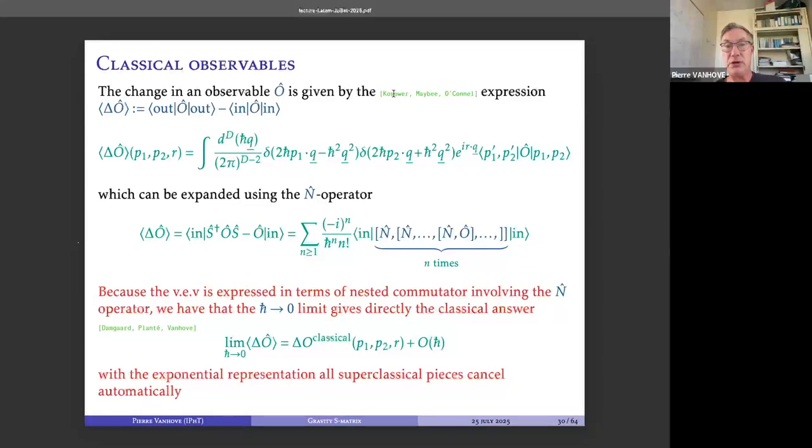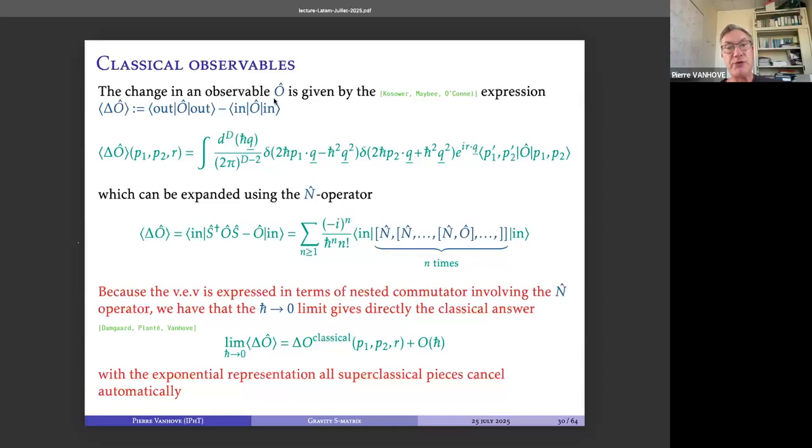Kosower, Maybee, and O'Connell told you that if you have O, like the momentum kick, the variation P1 prime minus P1 of one black hole, or the change of angular momentum, whatever, and you want to compute how it changes classically in your scattering process, the procedure is built from everything I've told you.